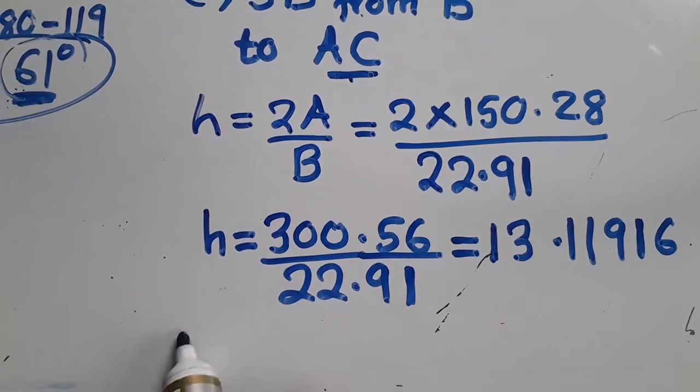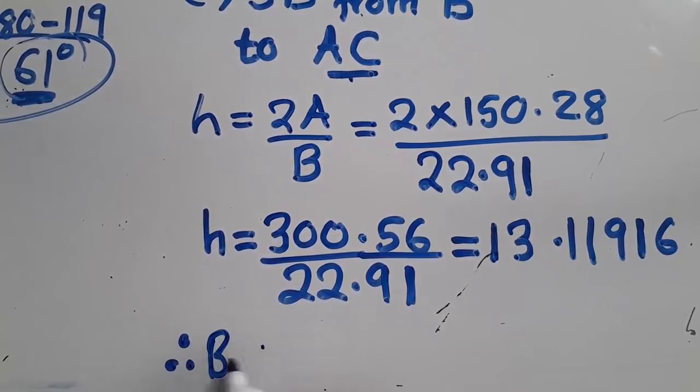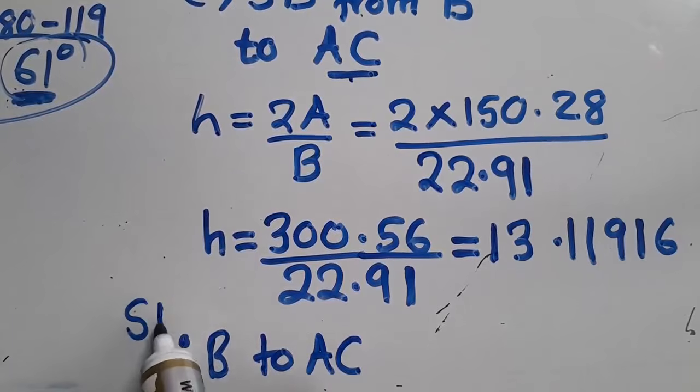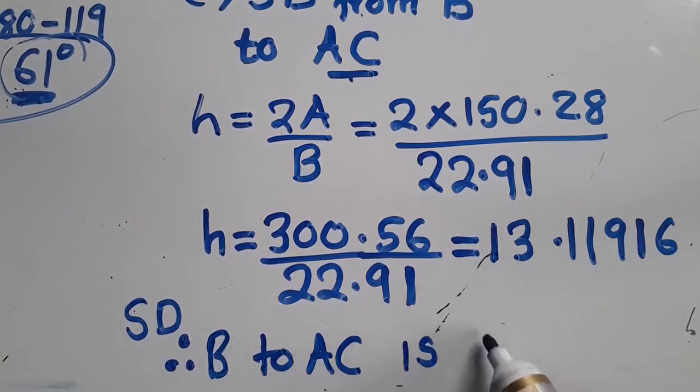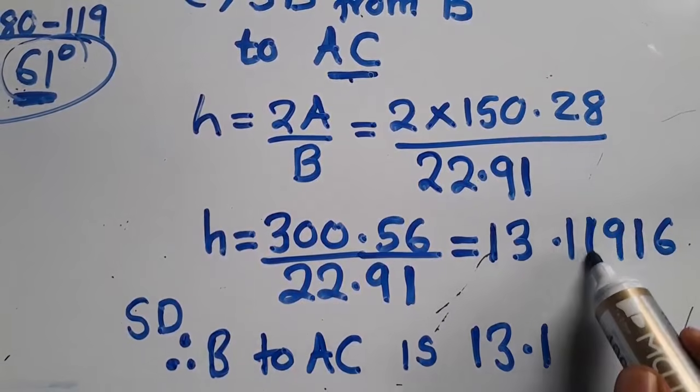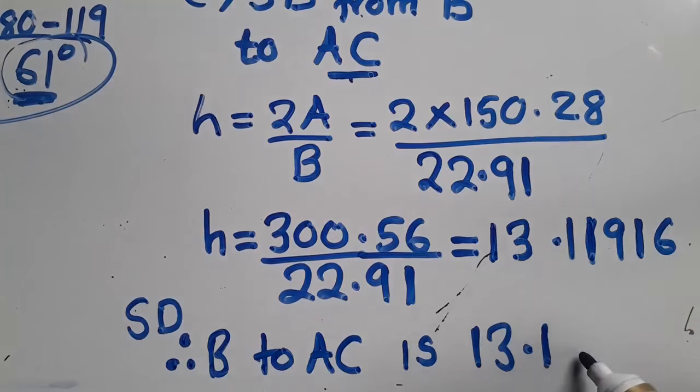So the shortest distance from B to AC is 13.1. Am I supposed to write a 1 here so that it becomes 2 decimal places?